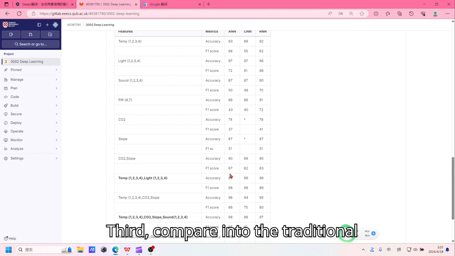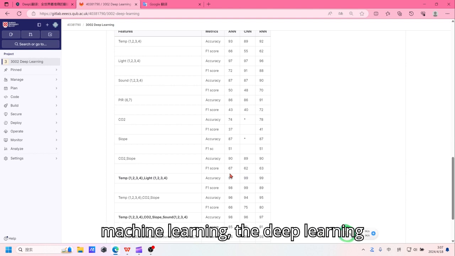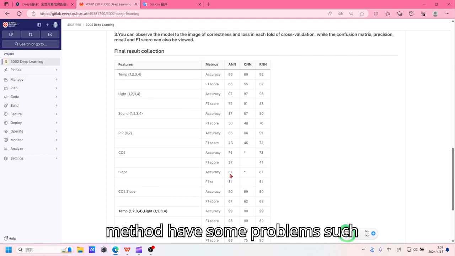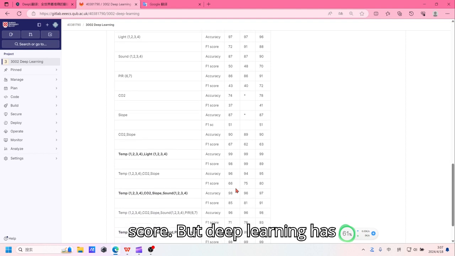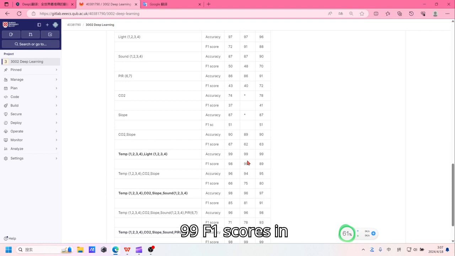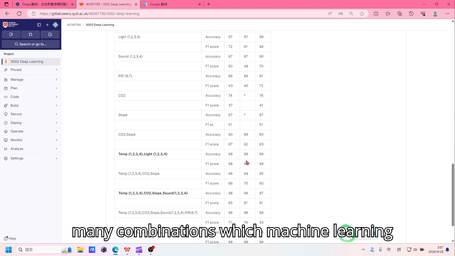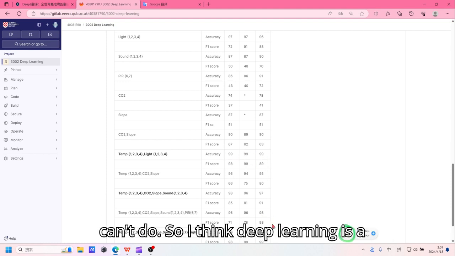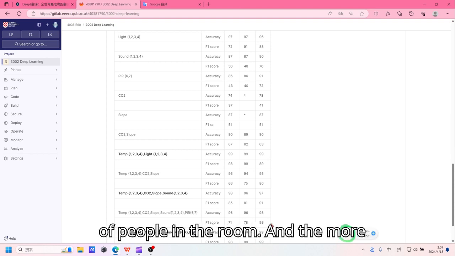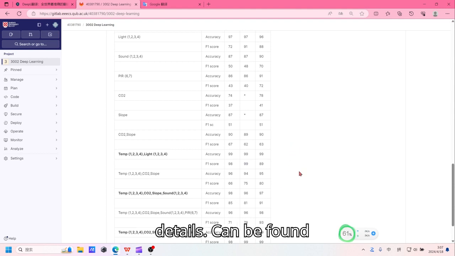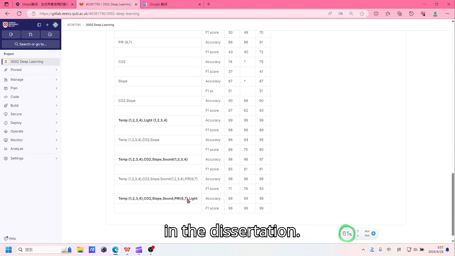Third, compared to traditional machine learning, the deep learning method has some problems, such as some combinations being correct at a much higher rate than the F1 score. But deep learning has 99 accuracy and 99 F1 scores in many combinations, which machine learning can do. So I think deep learning is a better approach in predicting the number of people in a room, and more details can be found in the dissertation.